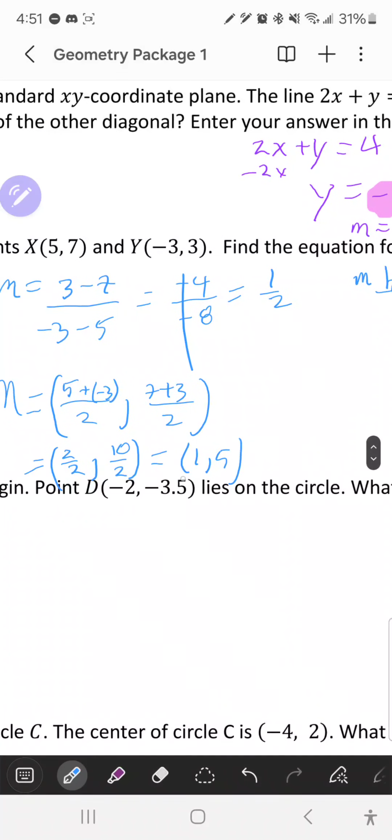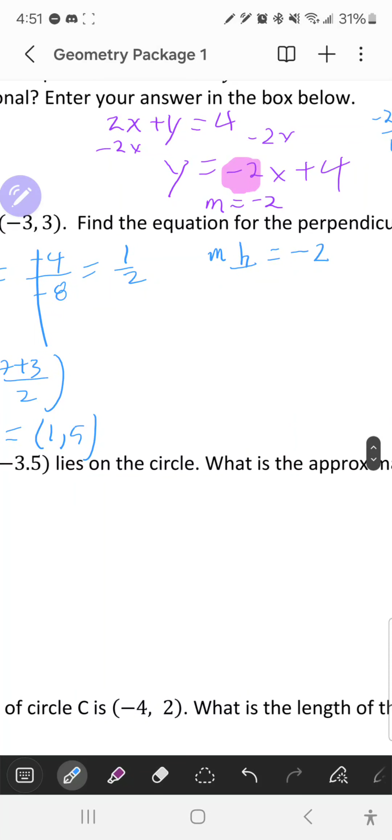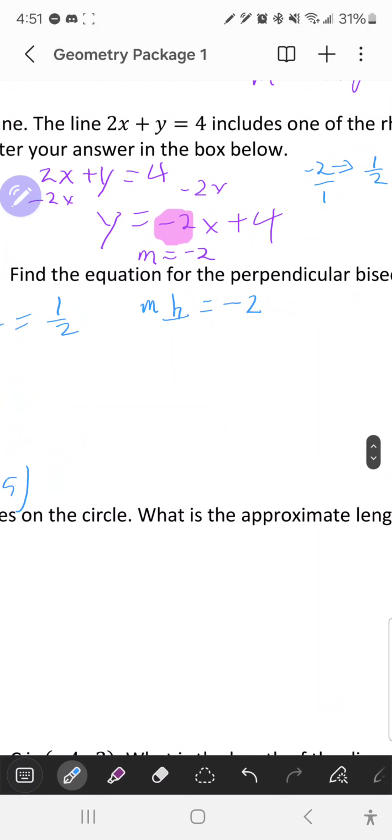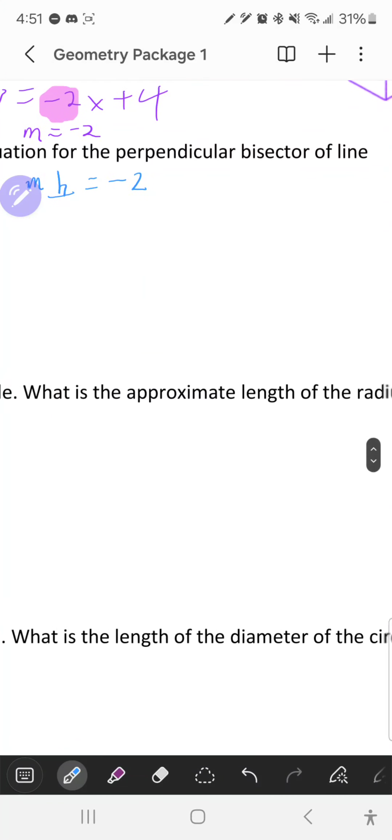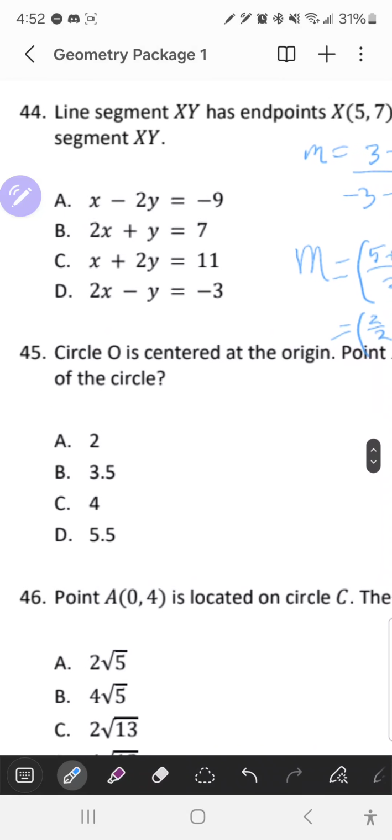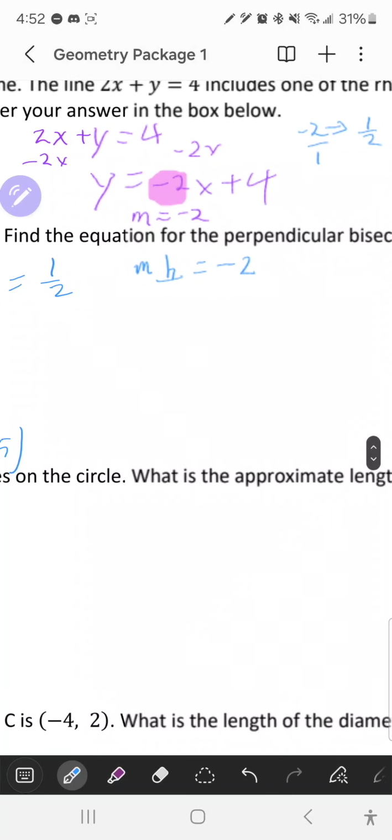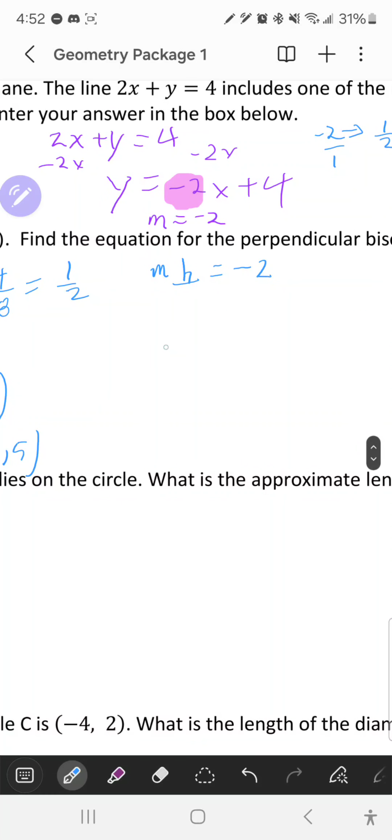Now we have the point that we want the line to pass through, and we have the slope, and that's all we need. So now to find the equation for this line, you know the slope formula: y minus y1 over x minus x1 equals m, which is the slope.